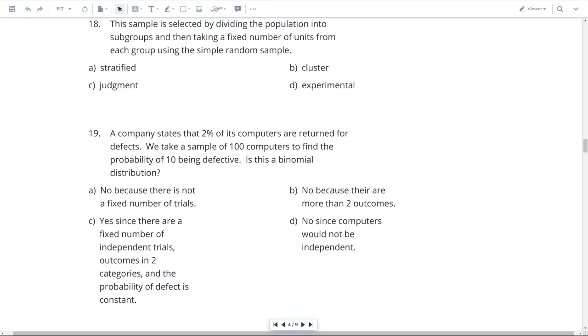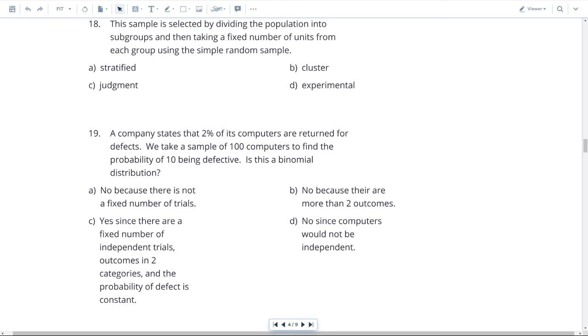Now, with a binomial distribution, very similar to geometric in a sense, there's obviously a key difference between the two. But these are what we call Bernoulli trials. Bernoulli trials is basically there's two outcomes, two definitive outcomes, yes or no, or whatever this thing ends up being. In this case, defective or not defective.